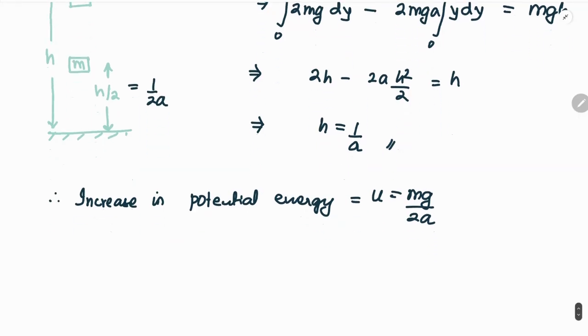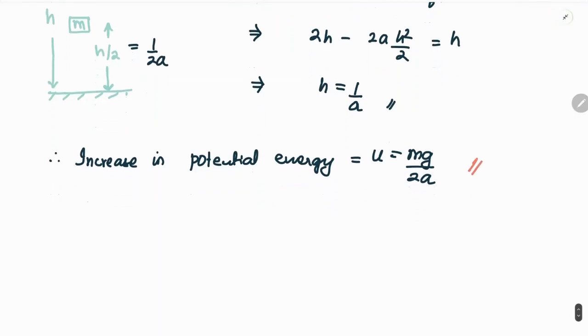This is one part of the answer, and the second part asks us to calculate the work done by the force. So the work done by the applied force is equal to the integration of 2mg(1 minus ay) dy, which we integrate from 0 to 1 by 2a.